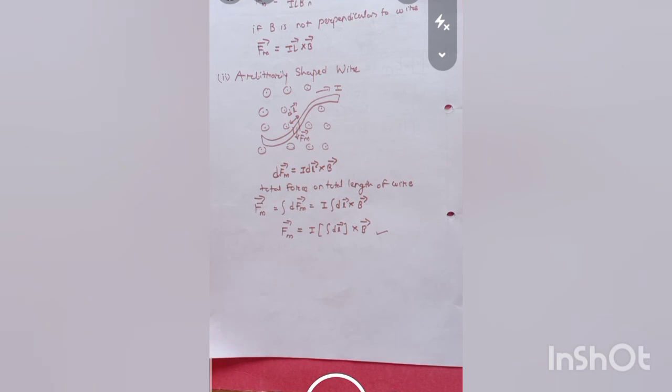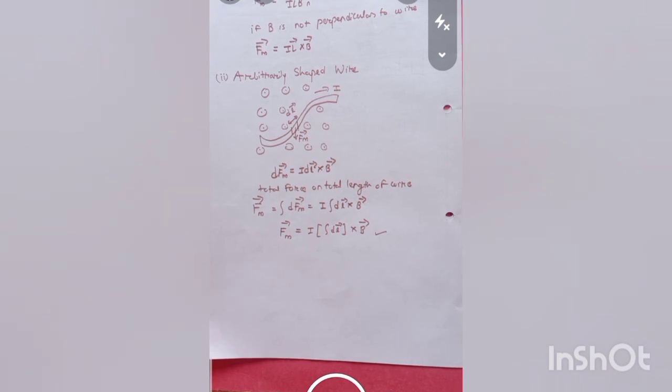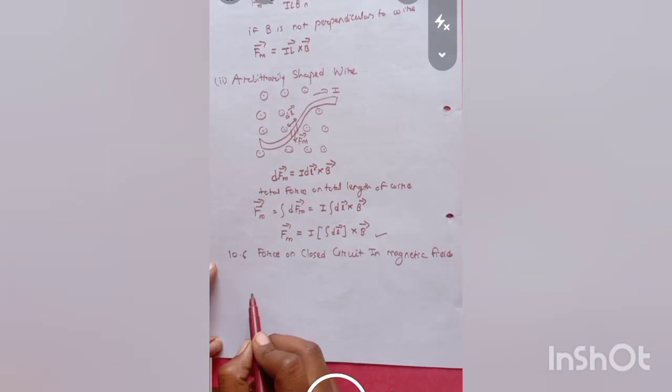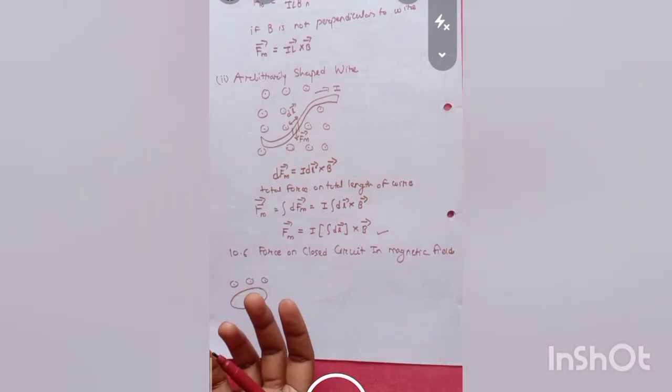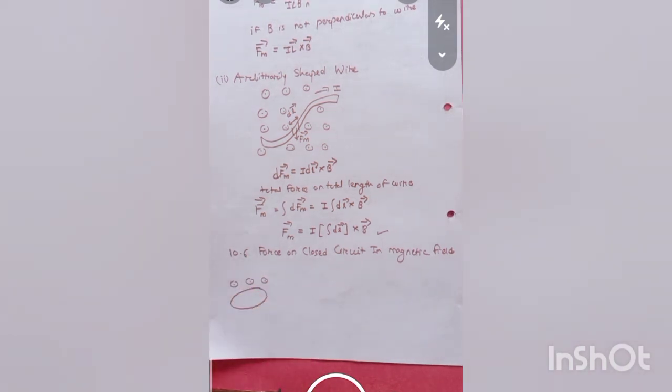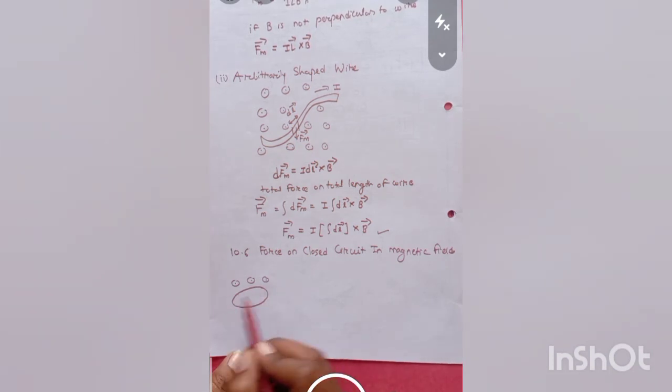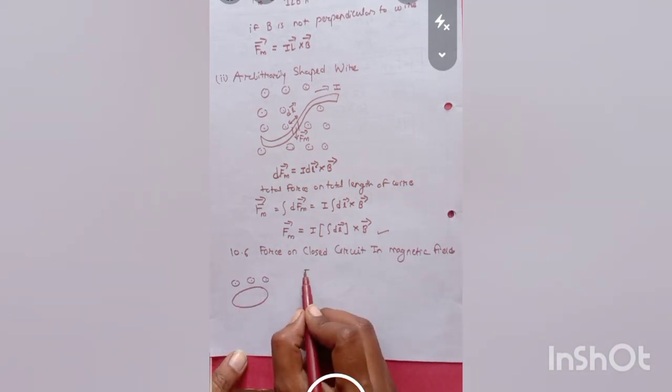Now we will check force on a closed circuit in a magnetic field. So for this we have to consider a closed shape wire like this. Then after that we have to find what will be the magnetic force when the uniform magnetic field is applied on this. So when we have a closed circuit, then the magnetic force will be given by vector Fm.